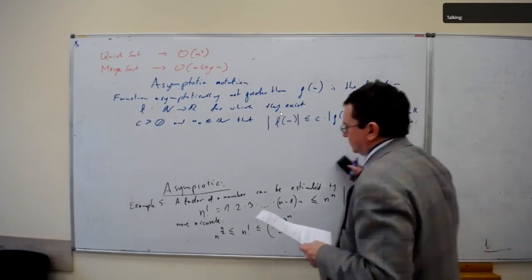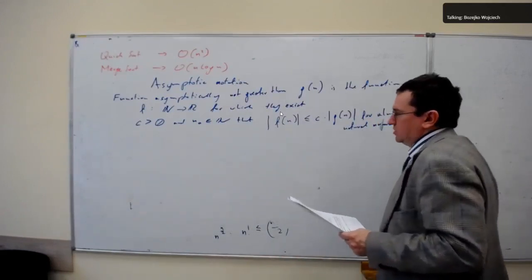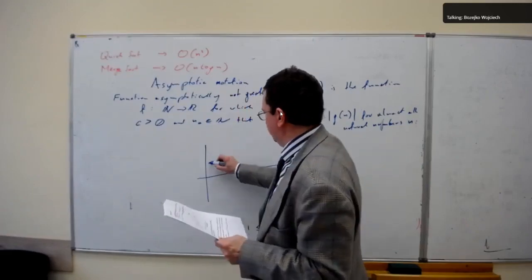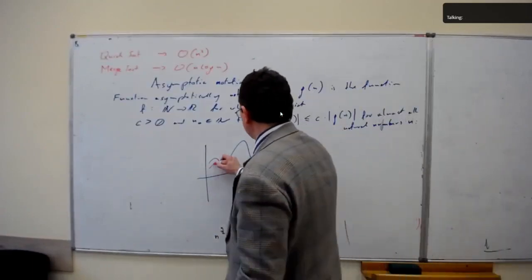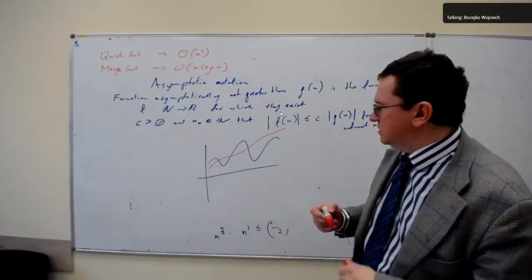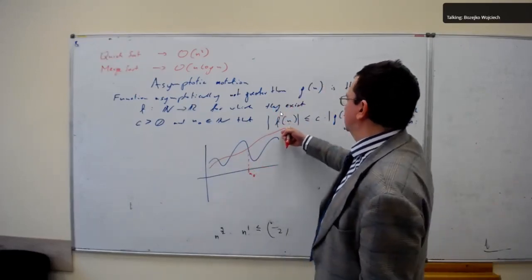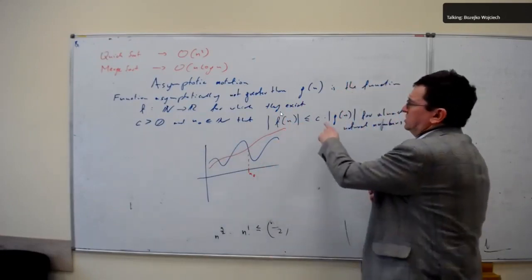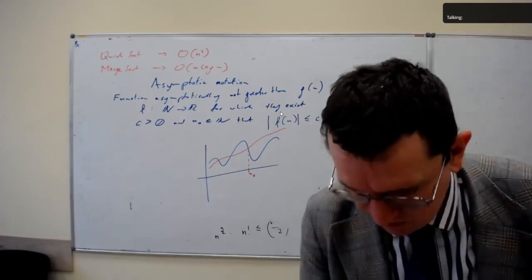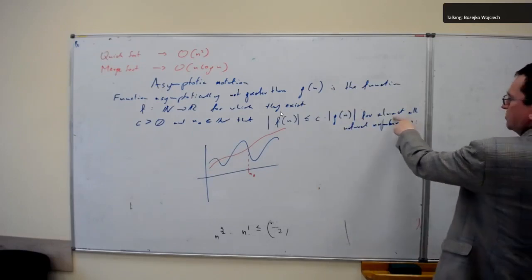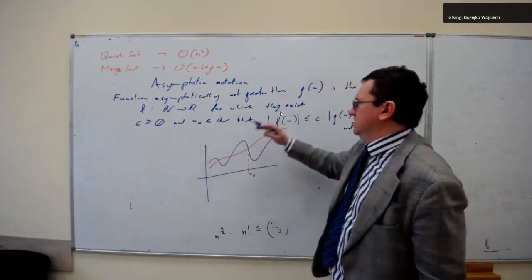And it looks like this: if you have a function f, which looks like this, and we have the function g, like this, it is important that from some place, we call it n0, the function g is greater than the function f. In fact, here we have the constant because sometimes it is important, but in the definition, this almost all means all from this place n0 and greater.